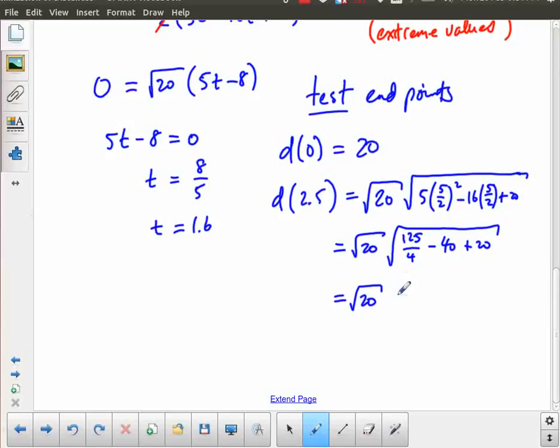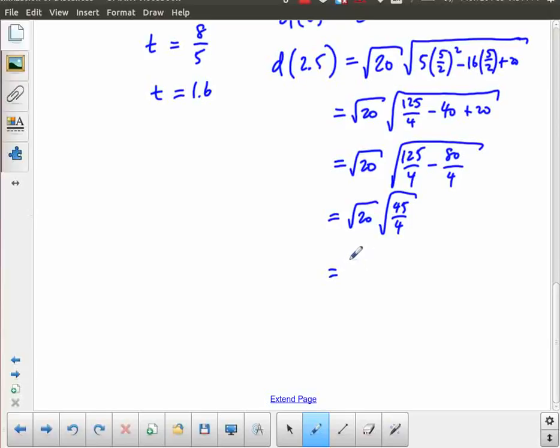Maybe I was wrong. Maybe it's not exactly 15, because this works out to be 125 divided by 4. I'll leave that as a fraction, and then this is going to be minus 20, which is minus 80 over 4, which is equal to square root of 20 times the square root of 45 over 4, which is the same as the square root of 20 times the square root of 45 over 2.